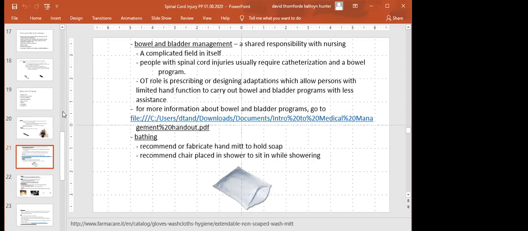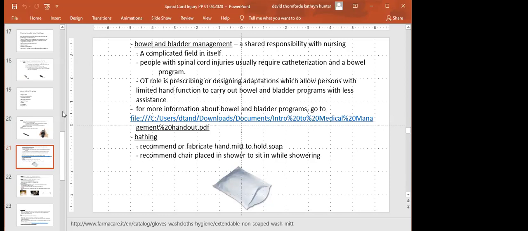It can be a washcloth that's sewed up on the inside and then turned inside out. There are other possibilities. One is a squeeze bottle of liquid soap. And the third possibility is making a hole in a piece of soap and putting a rope through. That allows the person with limited hand function to hold on to it.